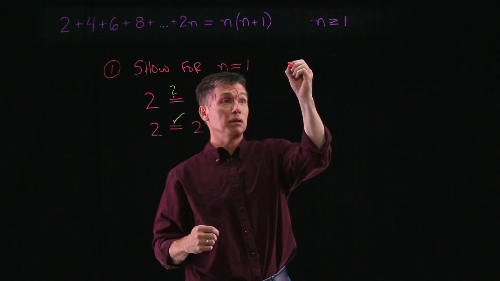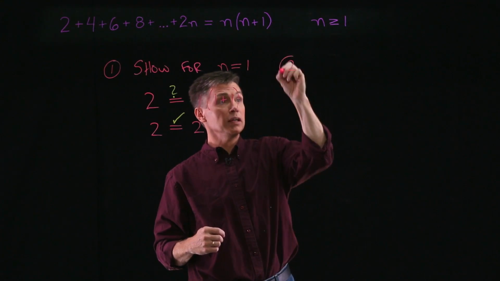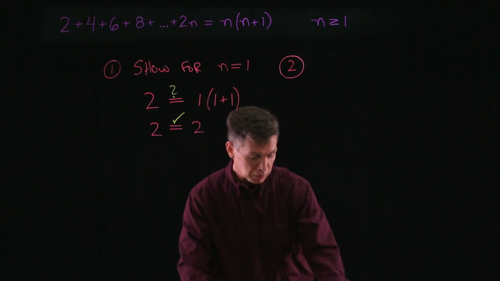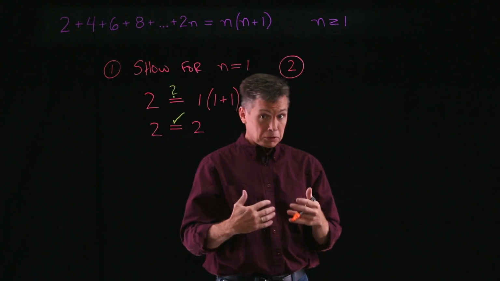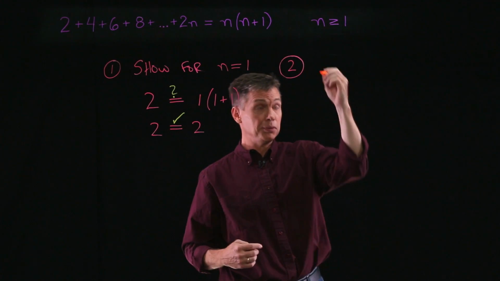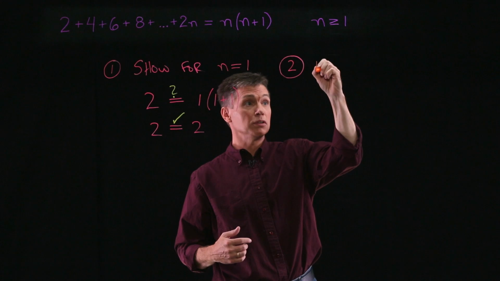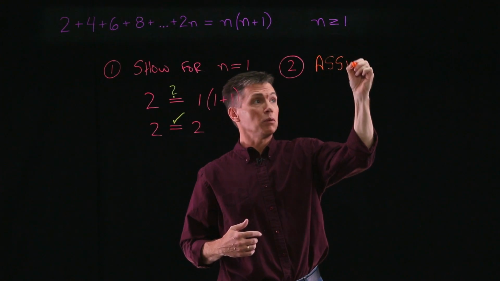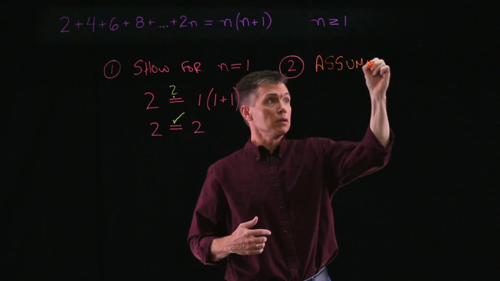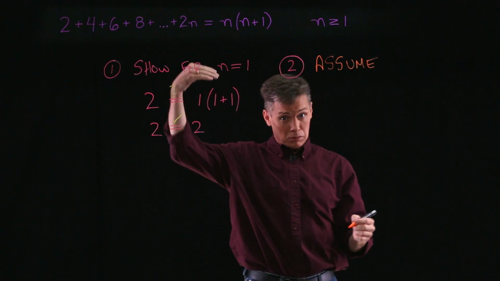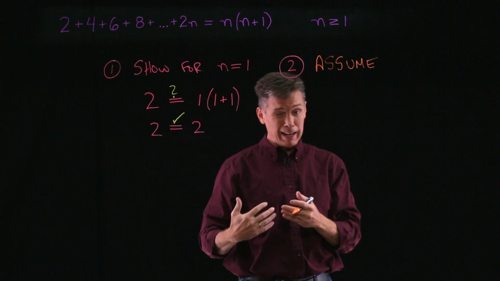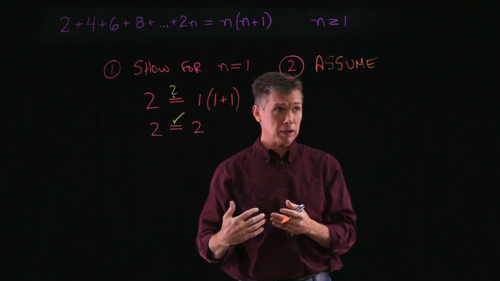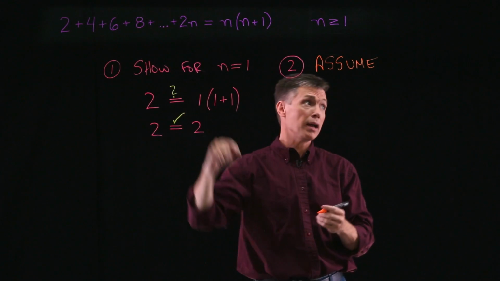The second step now then, in fact maybe I'll even switch here, because with your second step you do two things. The first thing you do is to assume, and what we're going to assume is the original statement but with a k in place of n. Okay, so let's write all of that out.